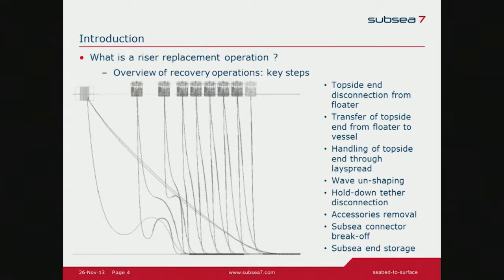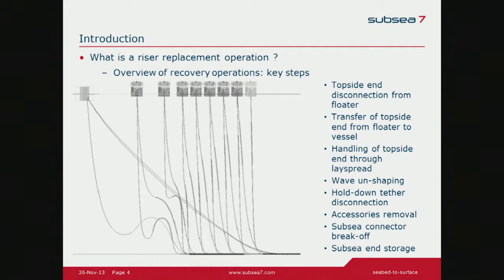So given that direction, the first thing we think about is topside disconnection and lowering of the topside end with the pull-in wire. Then we need to transfer the topside end to the vessel, either with an intermediate step with a crane like here, and then a second step to the moon pool, like in this example.